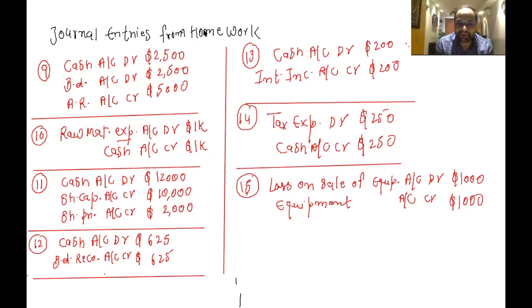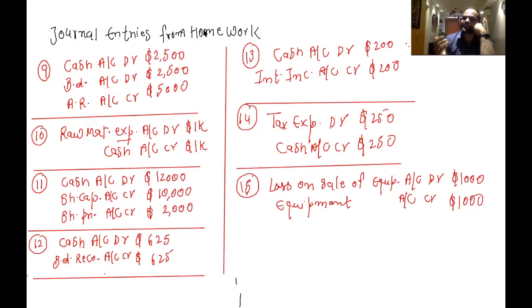In the 14th, tax, do we have to write expense, or is just tax okay? Better write expense to make things clear. Wherever you have expense, write expense, tax expense. Because sometimes you can also get a refund from government, which will be credit. You don't always pay tax.